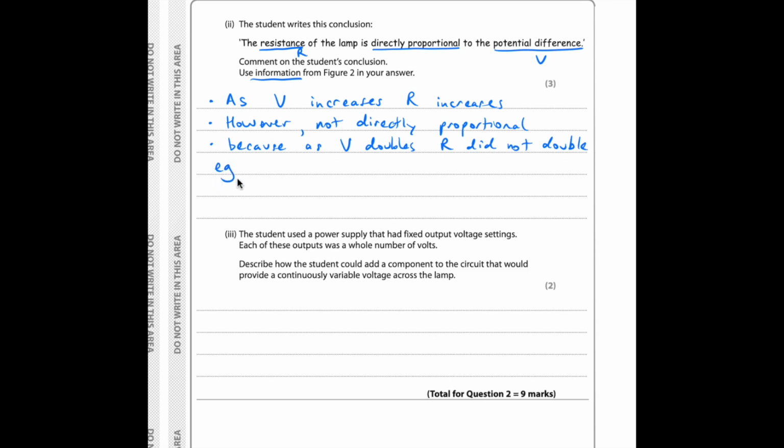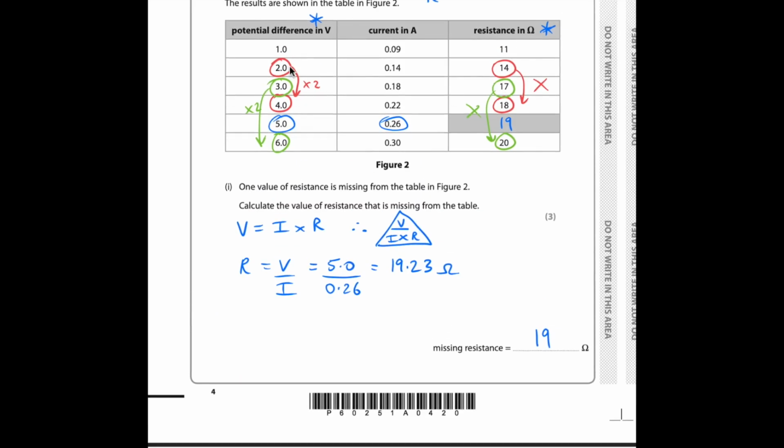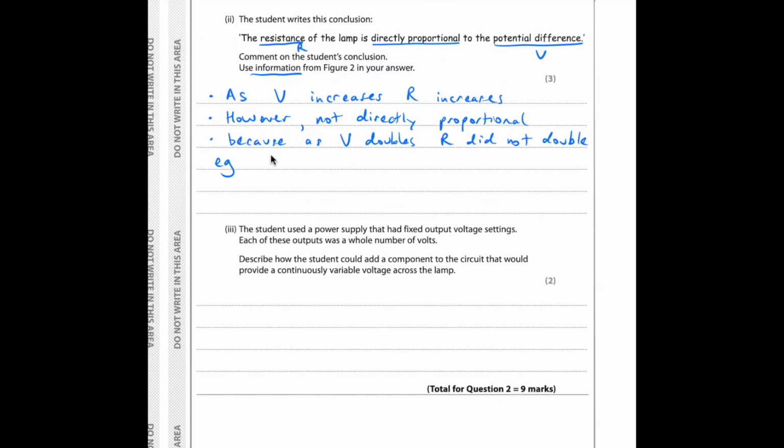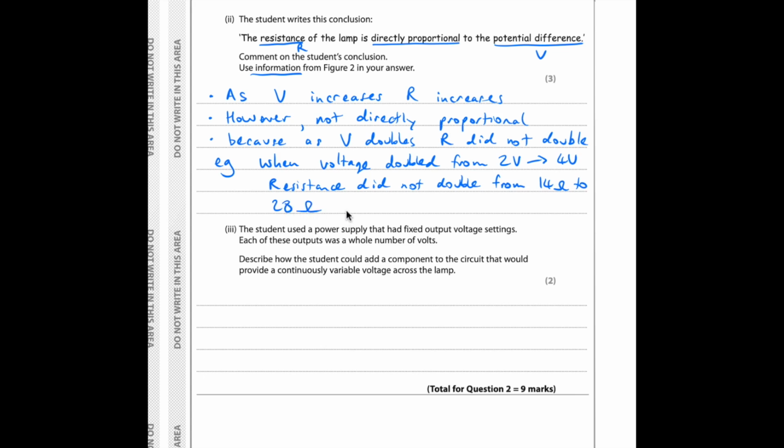And then use some information. For example, when voltage doubled from 2 volts to 4 volts, resistance did not double from 14 ohms to 28 ohms.